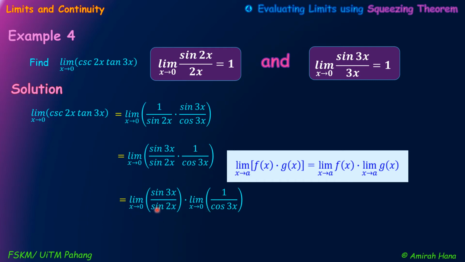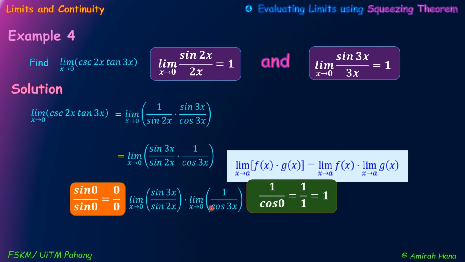Okay, let's say we try to solve using direct substitution. After we use direct substitution, we plug in 0 into variable x here, so we get sine 0 over sine 0, which is equal to 0 over 0. Right? And the other one, limit x approaches 0, 1 over cos 3x.